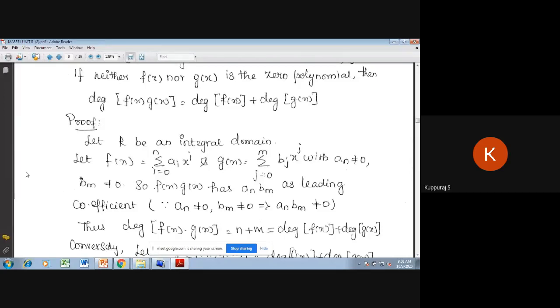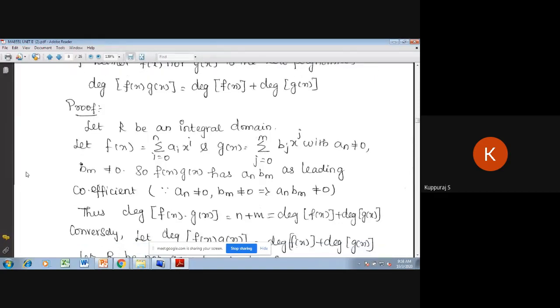So the degree of f(x)·g(x) is equal to n plus m. But n is the degree of f(x) and m is the degree of g(x). So we proved degree of f(x)·g(x) is equal to degree of f(x) plus degree of g(x) if R is an integral domain.